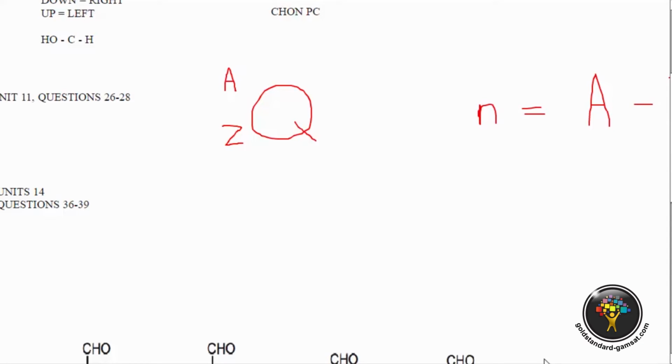Let's, for fun, look at citric acid, not the mechanism, but in the graph or scale figure provided. Going from citric acid to oxalosuccinic acid, they could ask you the following question: what type of reaction is occurring when you go from citric acid to oxalosuccinic acid?